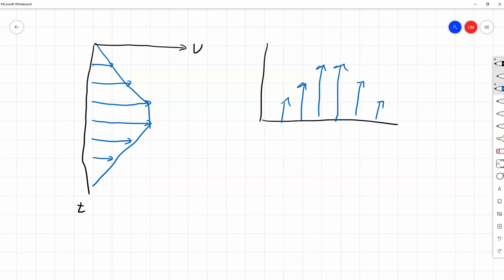Okay. Now, what about the acceleration? Well, the acceleration arrows look like this. Oh, I'm sorry, I got that wrong. Hold on. Thank goodness for Control-Z. The acceleration arrows look like this, going in this direction. All right?